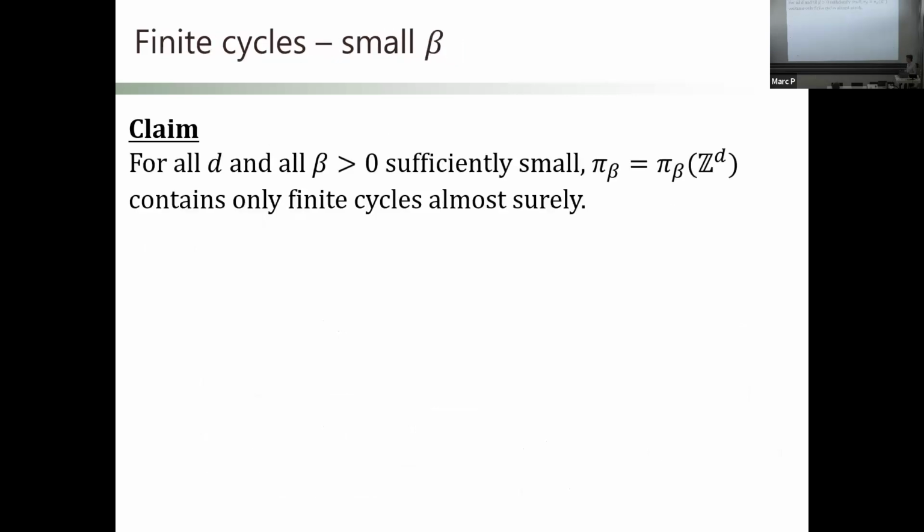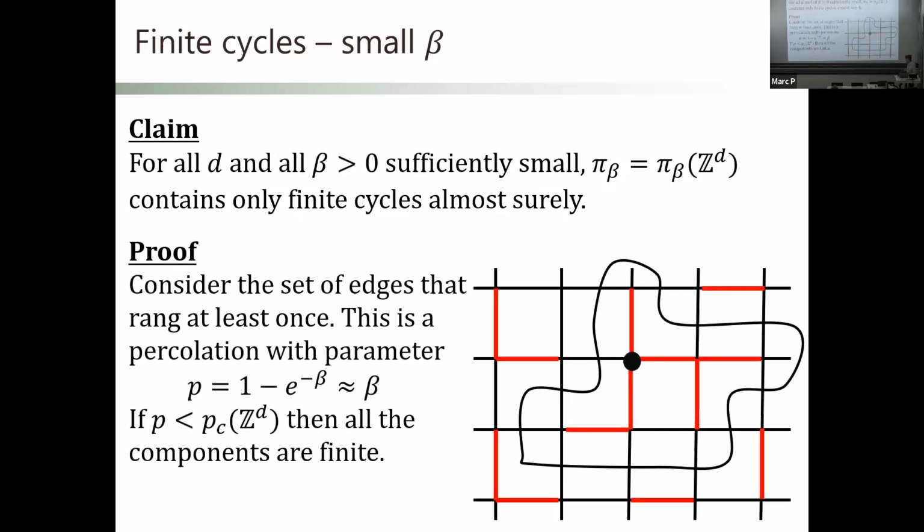Okay, but let me first briefly discuss what happens when beta is small, meaning that you haven't done too many transpositions. In this case, it's very easy to show that you don't get infinite cycles, regardless of the dimension. I could take the graph and mark in red all the edges on which we've done at least one transposition. These are independent, so the red edges are just a percolation configuration.